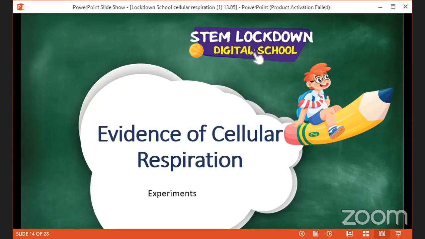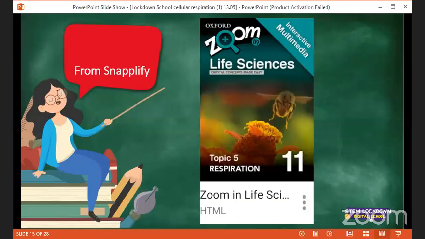So at this point, we are going to look at certain experiments that come up in tests and exams about investigative questions and experiments, right? It is quite unfortunate that we can't really do them with you, but I'll just try to explain them. In order to make this process of explaining the experiments and investigation easier, I used this Zoom in Life Science Topic 5 Respiration 11, and I got it from Snaplify.